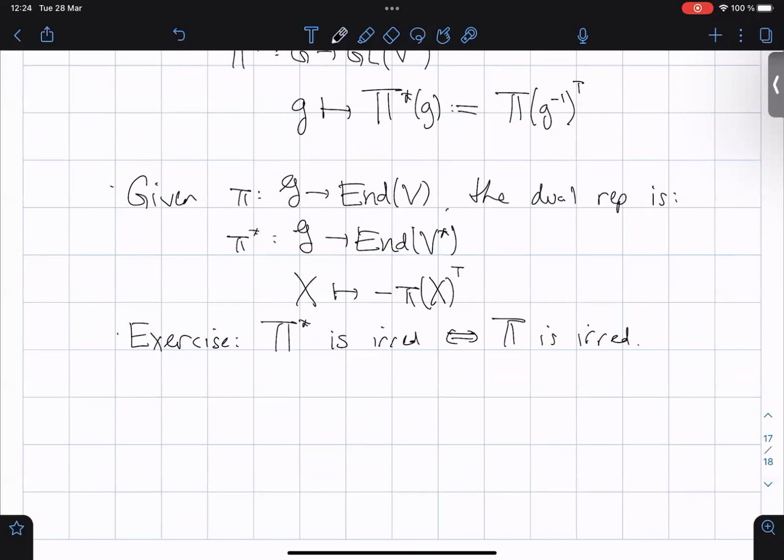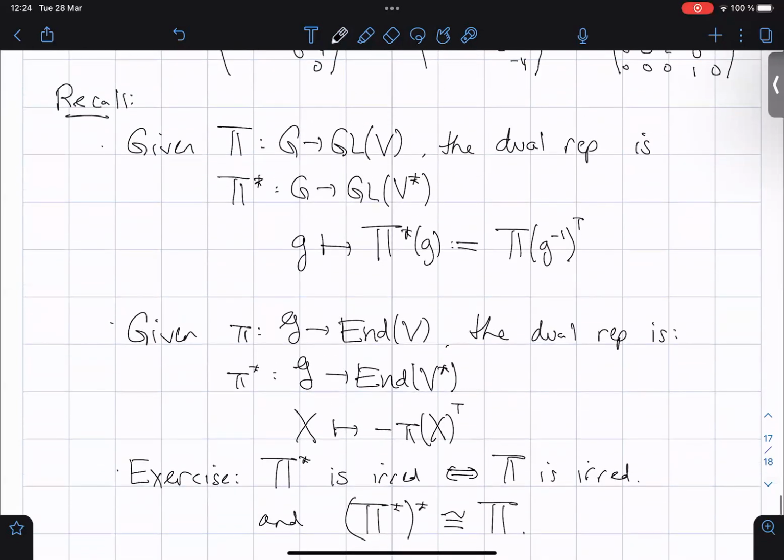And pi star is isomorphic to pi. I'm always going to be working with finite dimensional representations, so let's assume finite dimensional vector space.